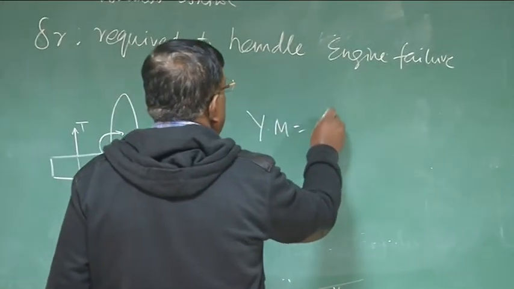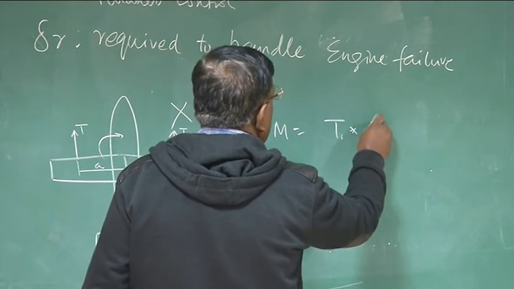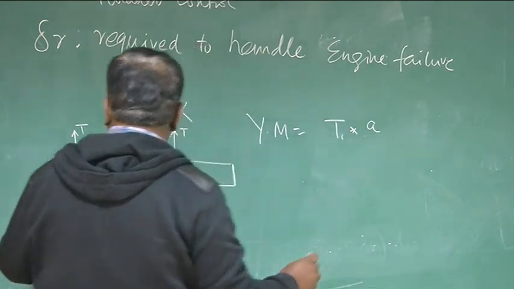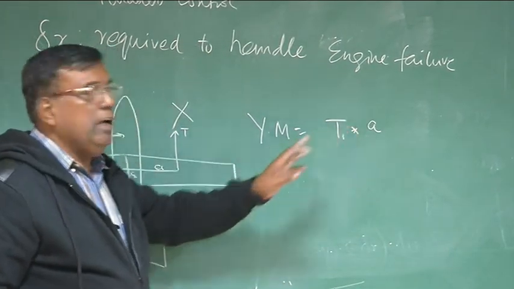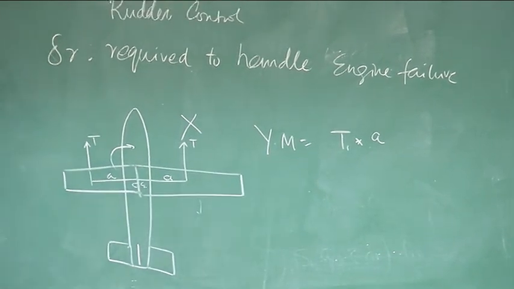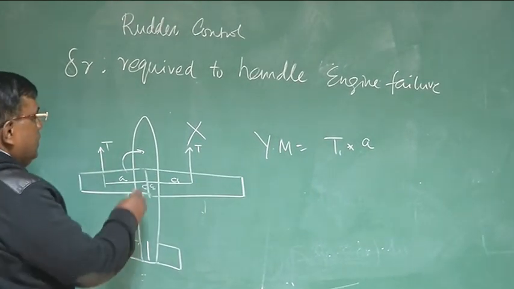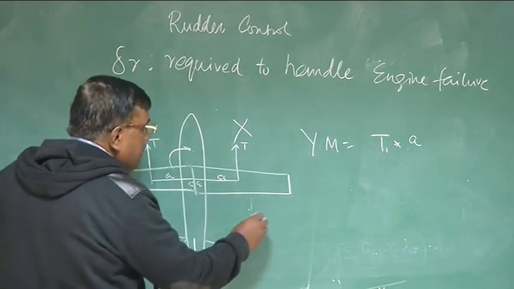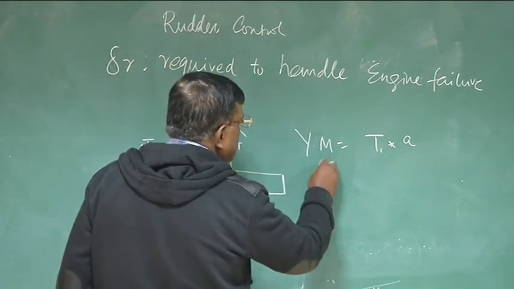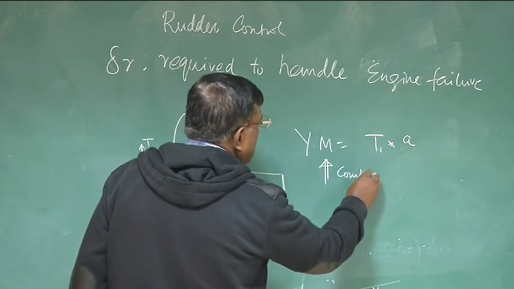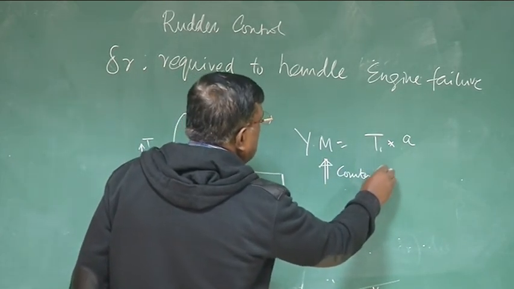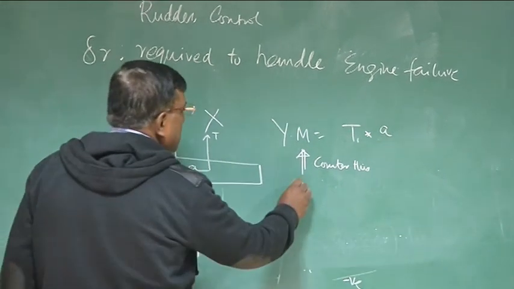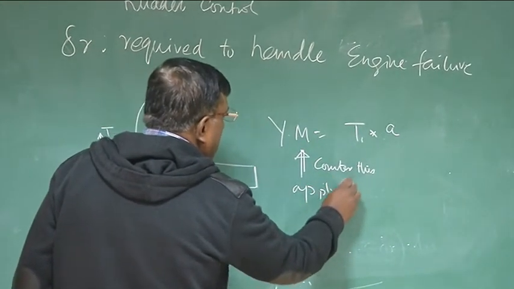It will give T1 into A. This is the force into distance. This is the yawing moment it will give. Now what is happening? I need to correct this yawing moment, otherwise the airplane will rotate. So what do I have to do? I have to give a rudder deflection to counter this. To counter this, I have to apply rudder.